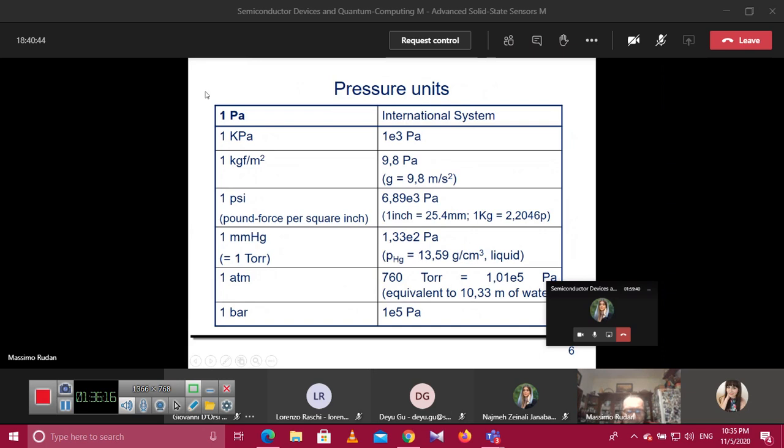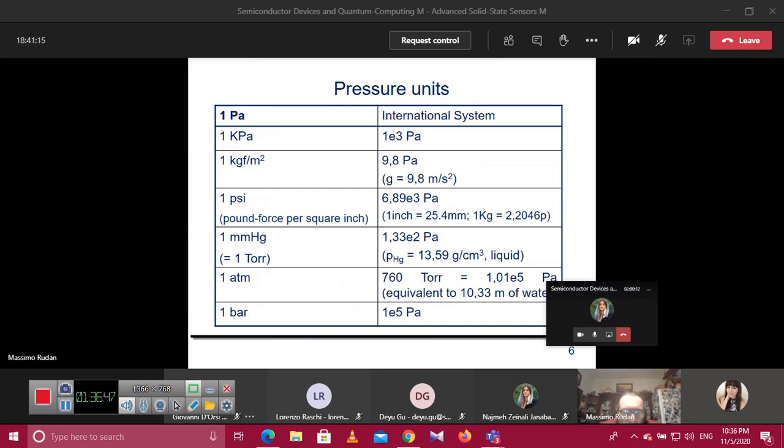This slide illustrates the units. Okay, the units of pressure are many. So one typical unit is the Pascal. That is the unit of pressure in the international system. Of course, we have the kilopascal, that is 1000 Pascal.